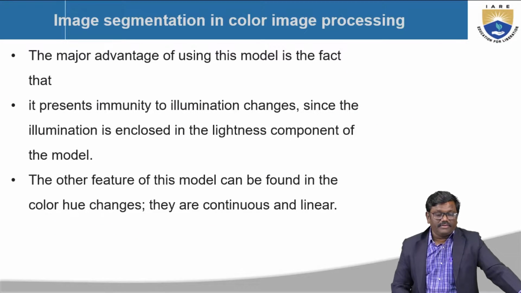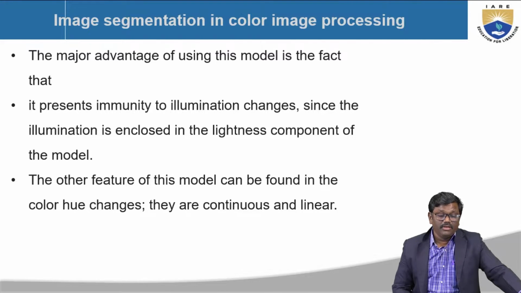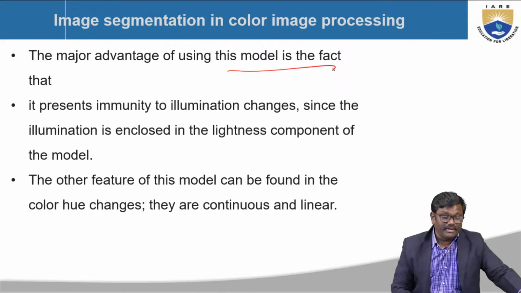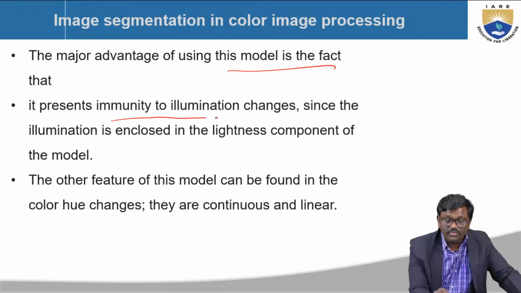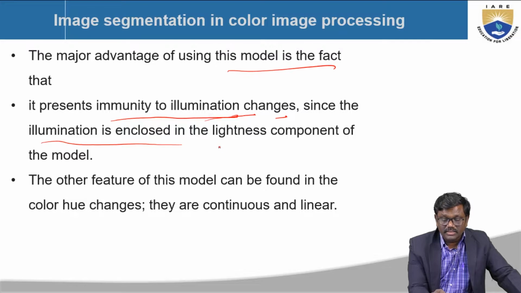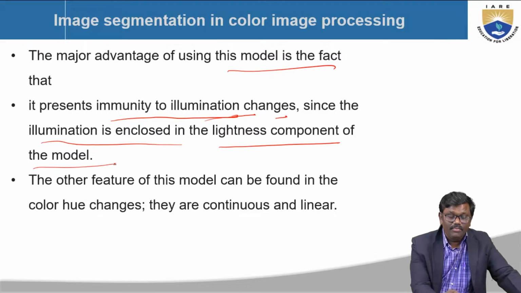So coming to the major process of image segmentation in color image processing, the major advantage is that the model presents an immunity to illumination changes, since the illumination is enclosed in the lightness component of the model.